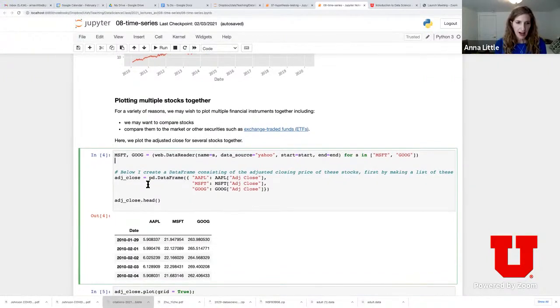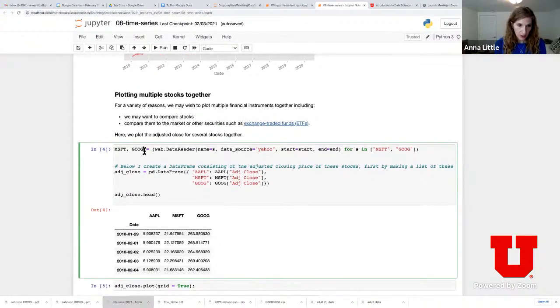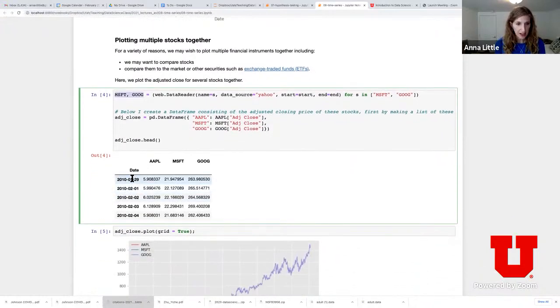Okay, so here let's look at our additional data frames. What we want to do is extract the adjusted closing column from each one and make a new data frame that just has the adjusted close of these three stocks, Apple, Microsoft, and Google. So we define this new one, and you can see it's now a single data frame containing the adjusted closing of the three stocks.